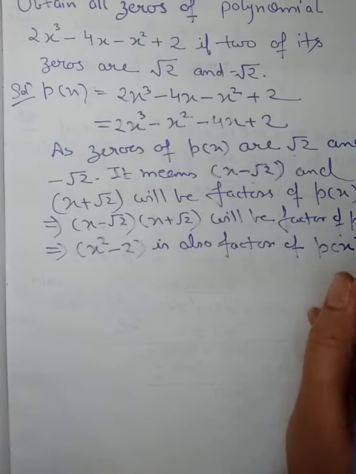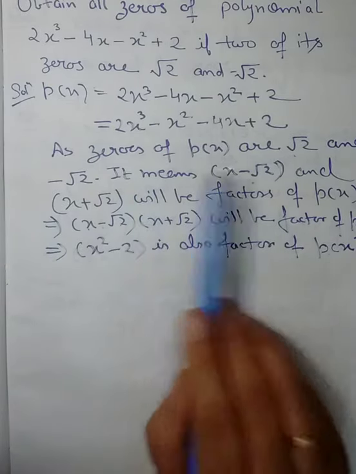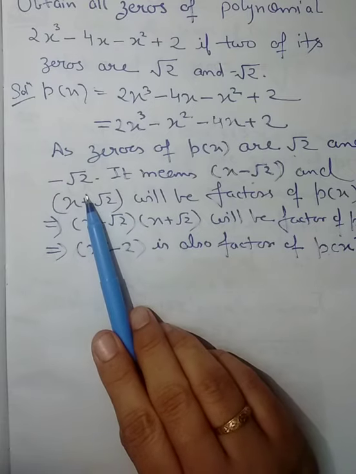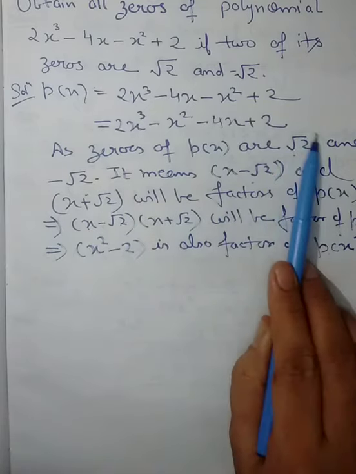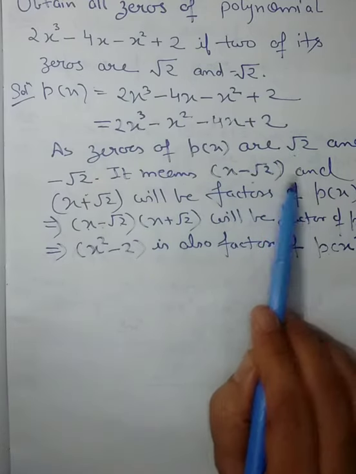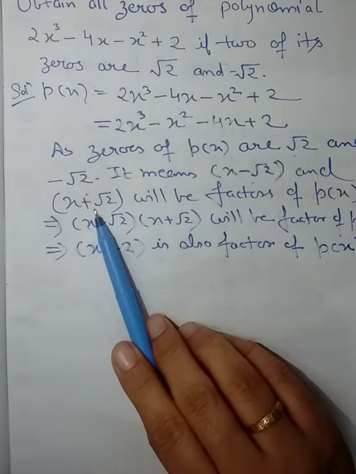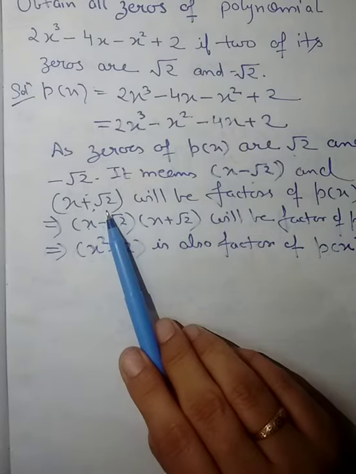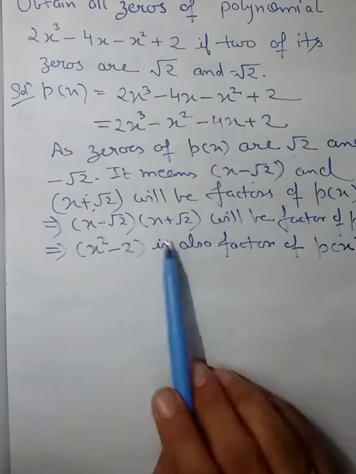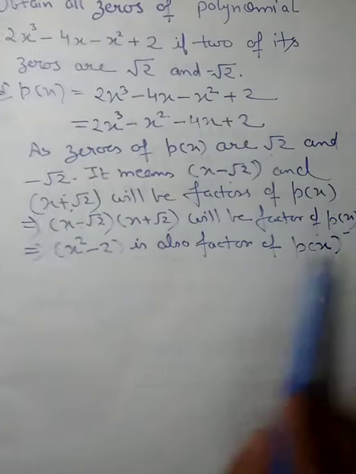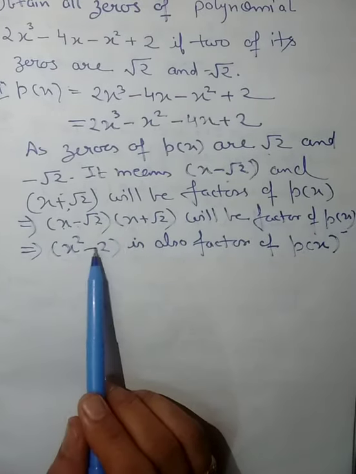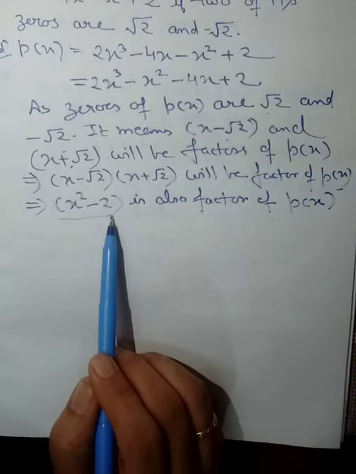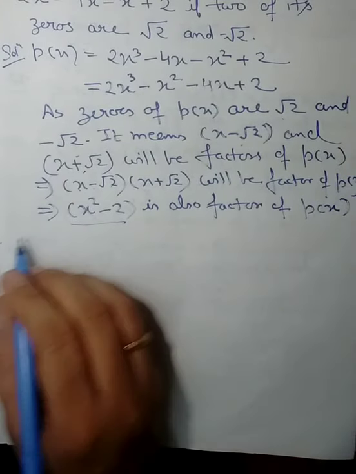p(x). Once again, zeros are root 2 and minus root 2. We know if zeros are these, then factors will be x minus root 2 and x plus root 2. Now these two are factors, so their product will also be a factor of the given polynomial, and the product of these two factors is x square minus 2.